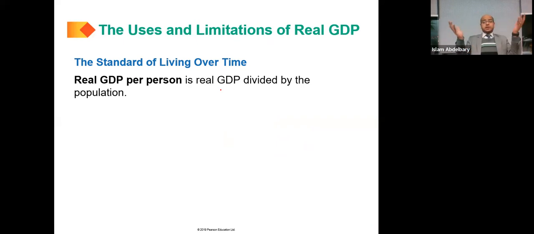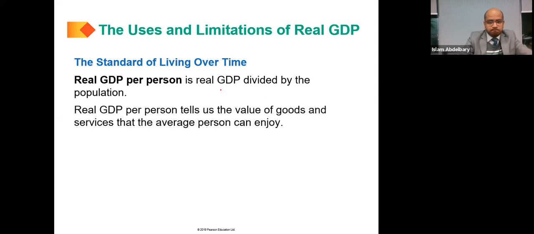So the size of the whole economy, what we all produced, divided by the number of citizens in a specific economy. So real GDP per capita tells us the value of goods and services that the average person can enjoy. How much can I enjoy in my economy?